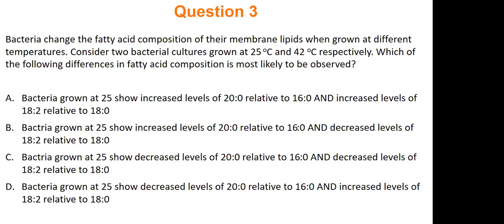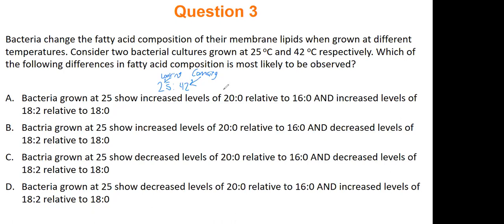The way these answers are given is weird, but it's always in terms of the bacteria at the 25 degrees. So for A, what it's saying is that I'm looking at the bacteria at 25 and comparing them to the bacteria at 42 degrees.